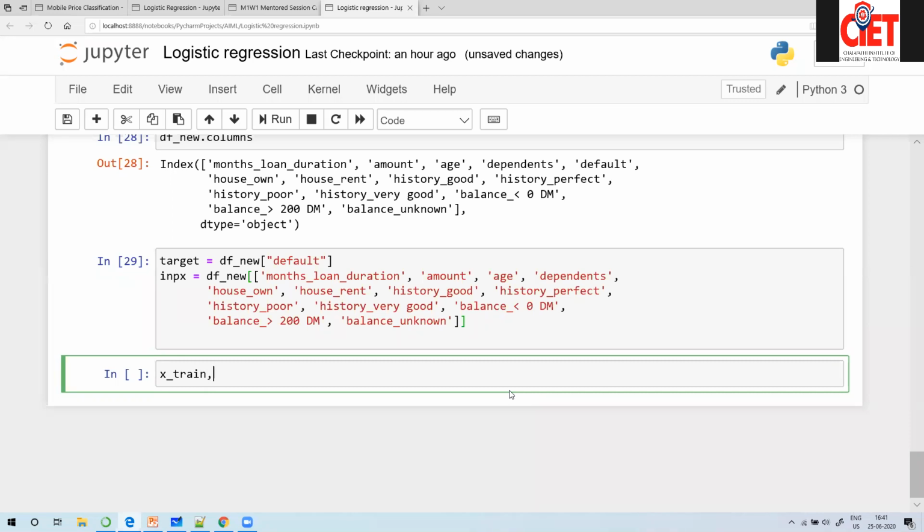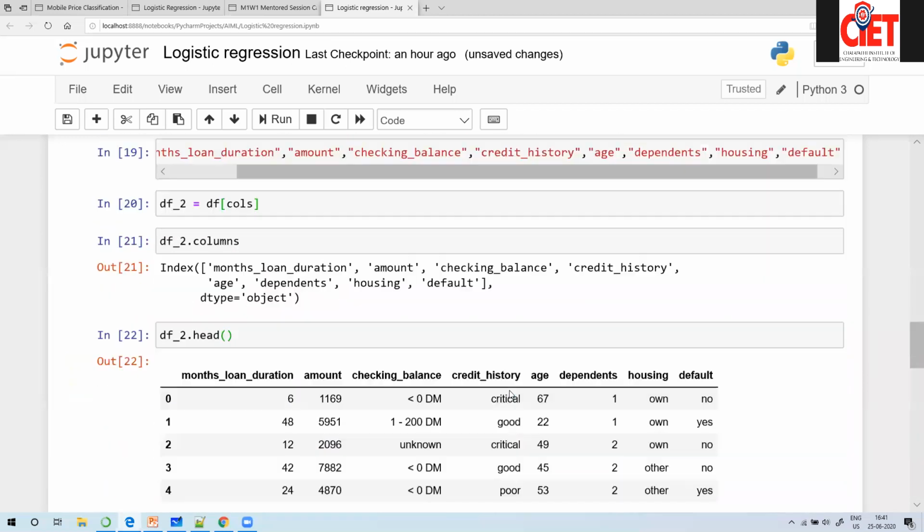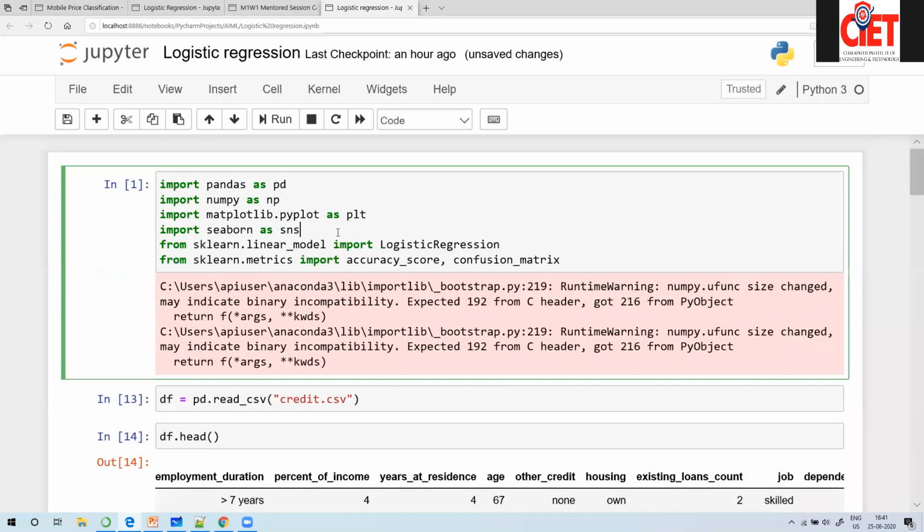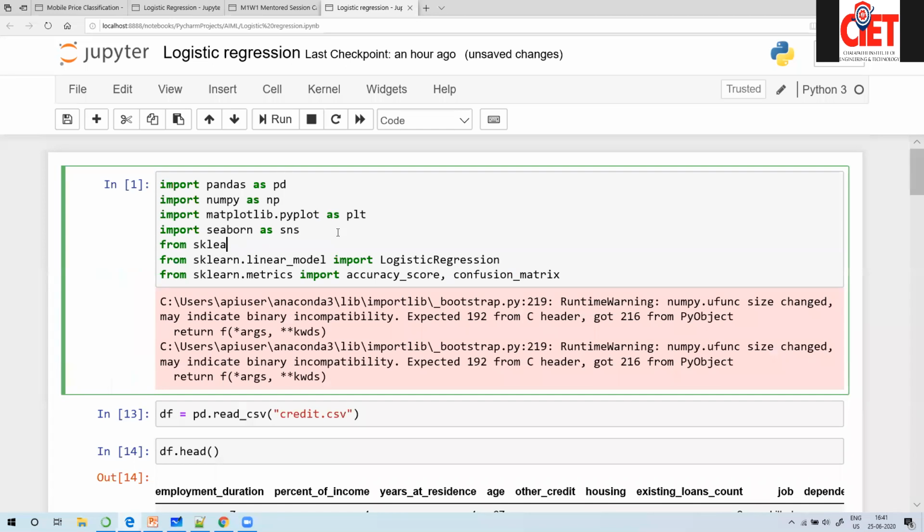Now x underscore train comma x underscore test, y underscore train comma y underscore test is equal to train test split. Oh, we did not import it. Yes. From sklearn dot model selection import train test split.